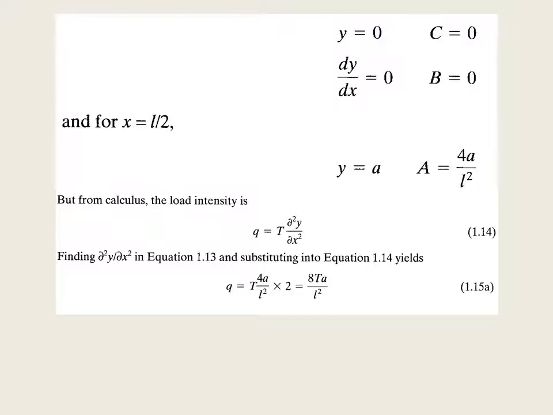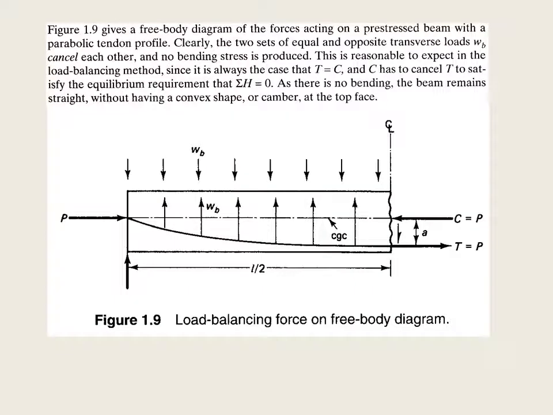So that will give us 8Ta over L squared, where T is the prestressing force. We transpose that, and then we get this value. T is equal to qL squared over 8a. Ta is equal to qL squared over 8. Thus we get the Wb, which is the balancing load.